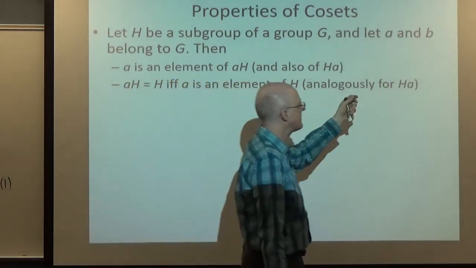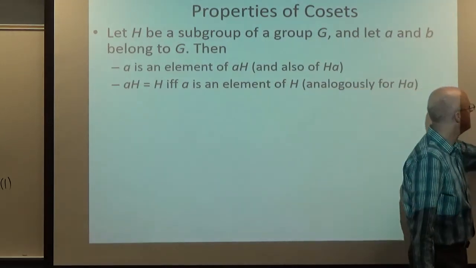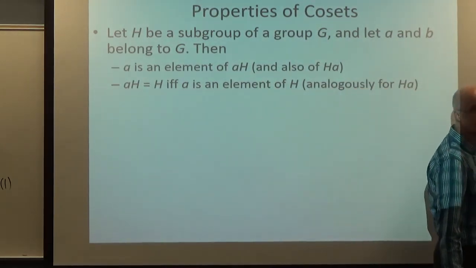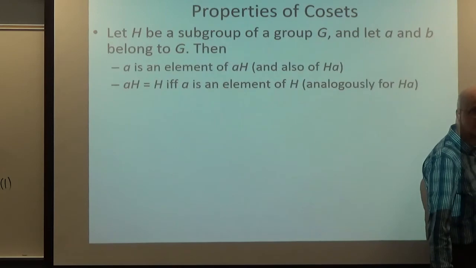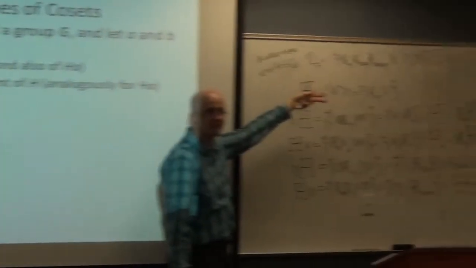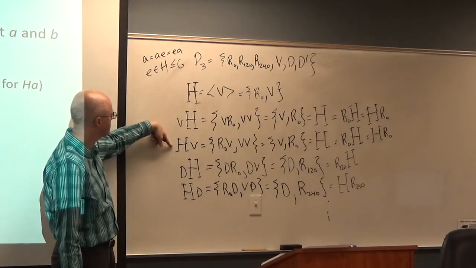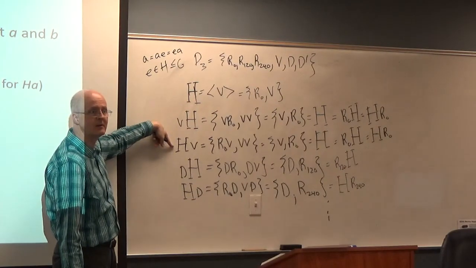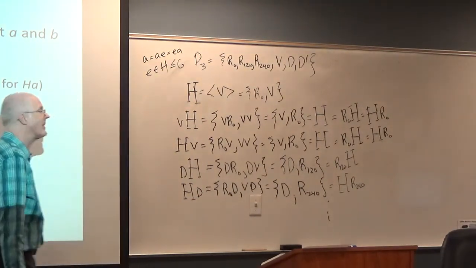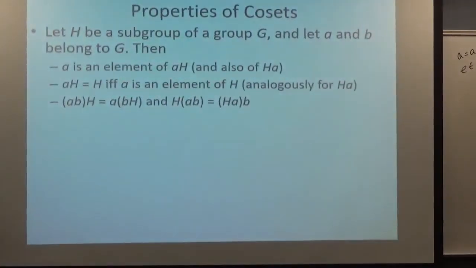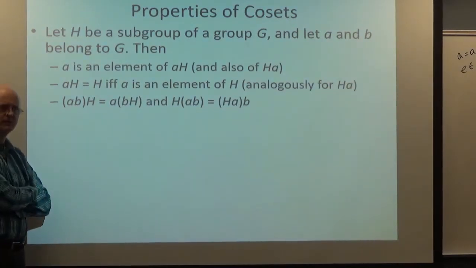Just like with this example, V was in H, so VH is equal to H, and equal to HV as well. There's a kind of associativity here. And this is actually really important once we get to chapter 9.